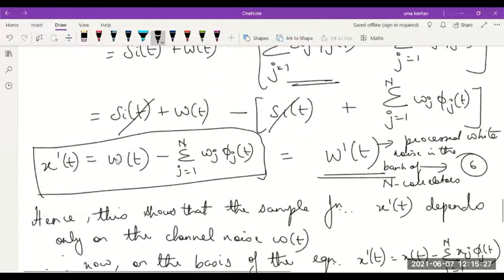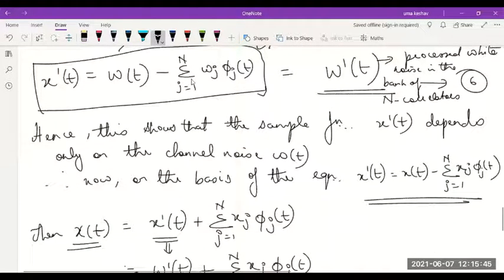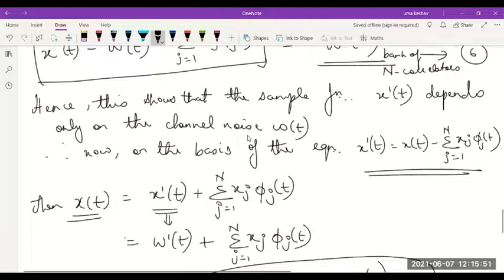And finally, we were able to show that the assumed signal was directly dependent only on noise and not dependent on the signal. So you have assumed a signal which depends just on the white noise and the processed white noise in the bank of correlators. This we call W dash of t. Hence, it shows that x dash of t depends on this.